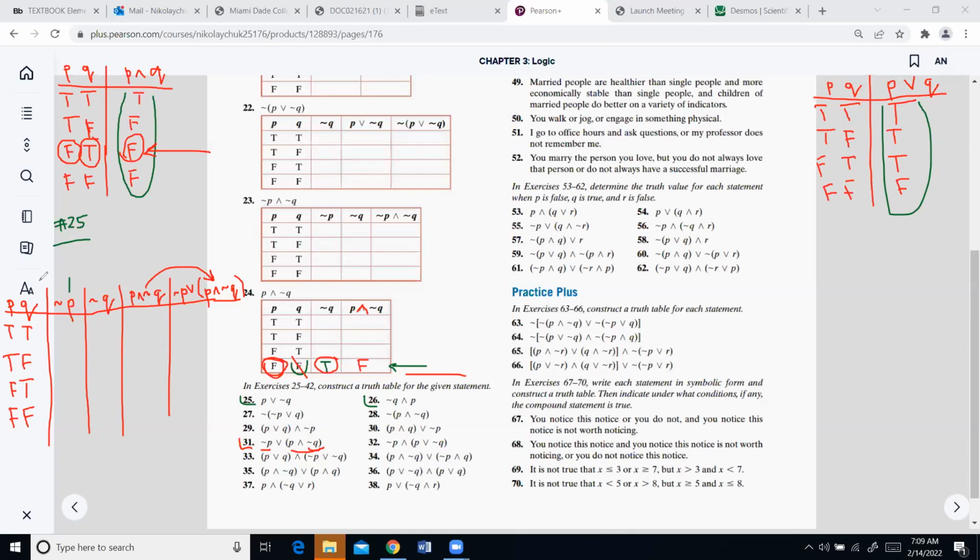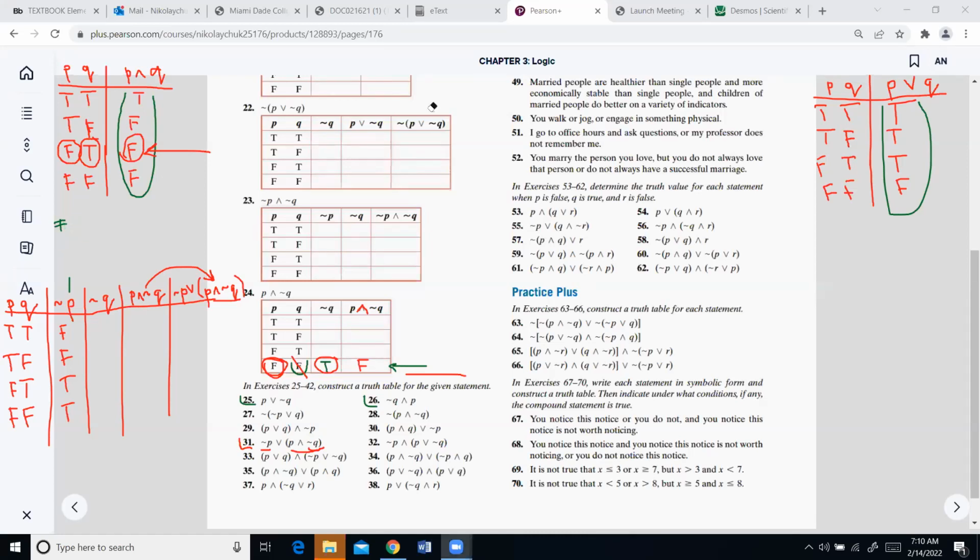So if you want to negate your P, which is this very first column, I just change whatever used to be T with F's. So I put first two as F's because my first two are T's, right? And last two are T's because my last two were F's. So all I did, I just looked at the very first column and changed everything with the opposite because I put not that. So I'm done with this first column.